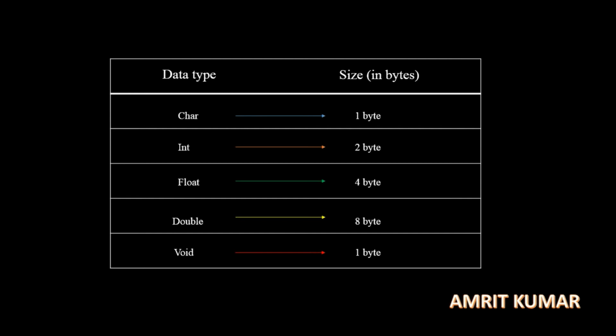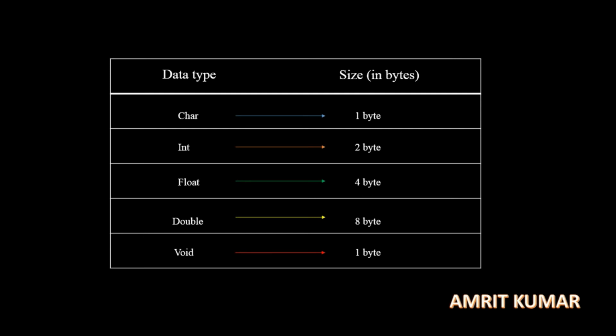We will learn the basics and the mechanism through which data is stored into the RAM, that is, how area is allocated for the integer data type, the float data type, the double data type, the void data type, and the char data type. Of course, if the size is larger, then the area will be larger. It is a fact.